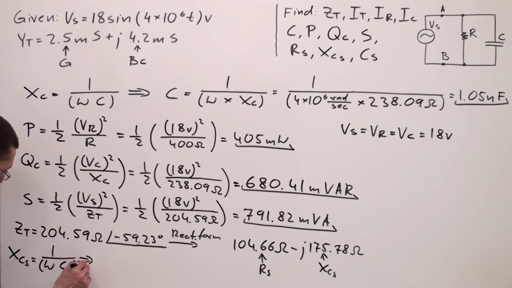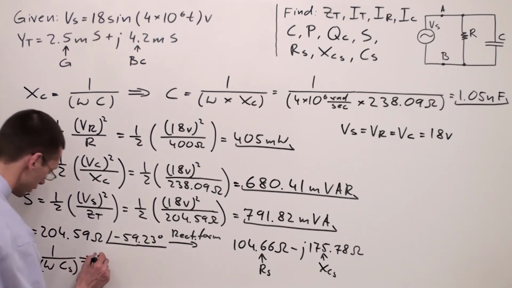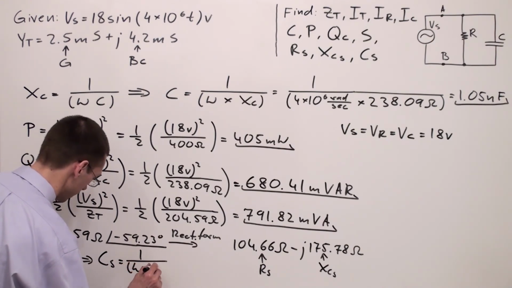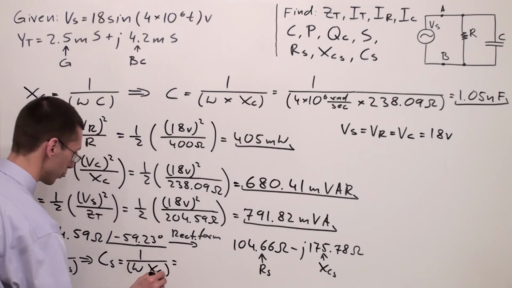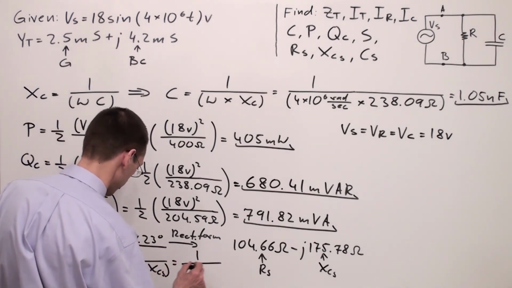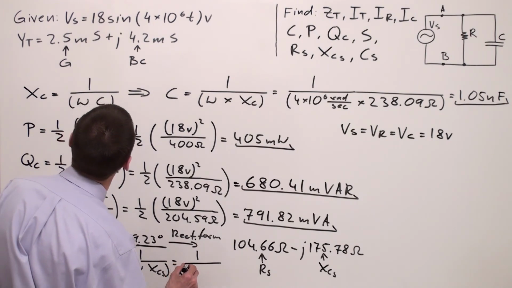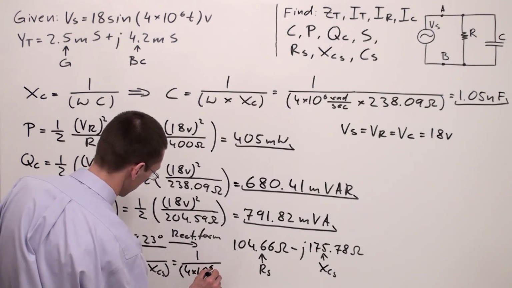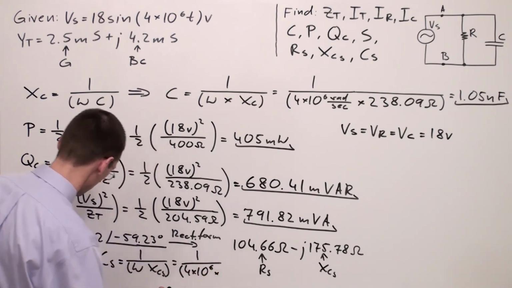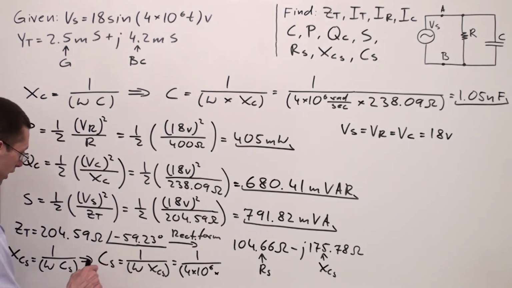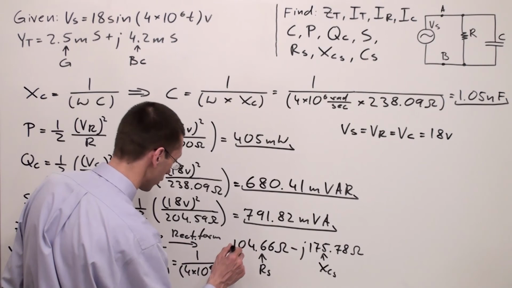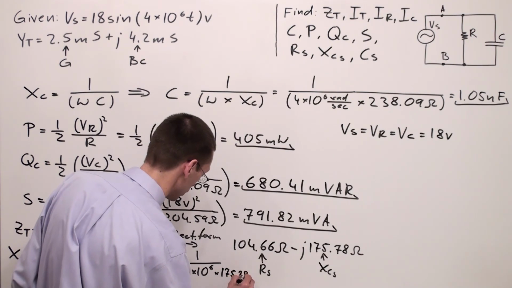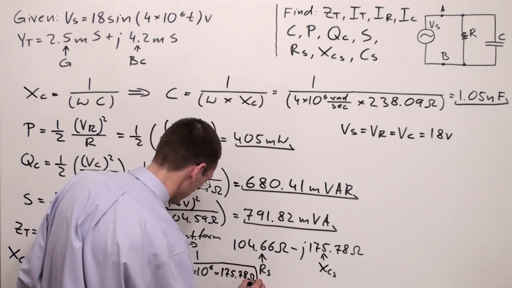In order to find C_S, you're supposed to solve this formula for C_S. So C_S is equal to 1 divided by omega X_CS, which is equal to 1 divided by omega, 4 times 10 to the 6th, of course radians per second, times X_CS, we found this is equal to 175.78 ohms, close parenthesis.